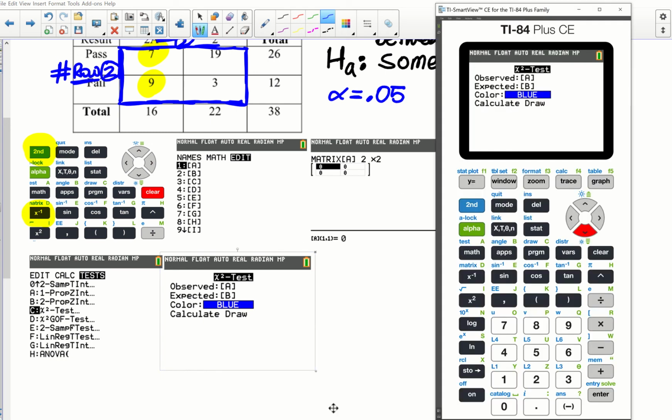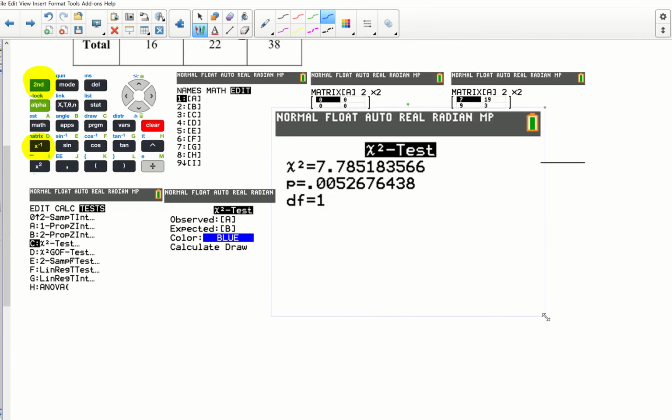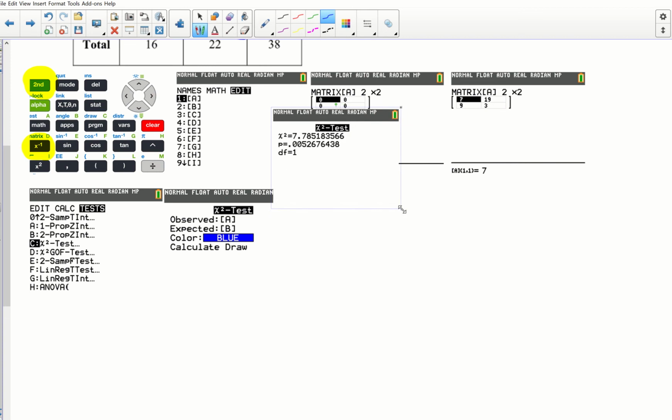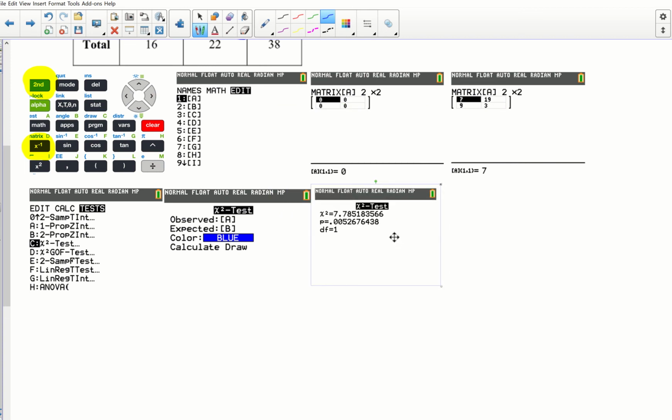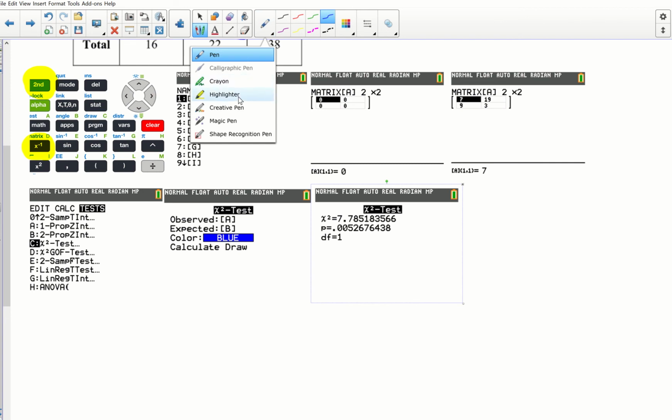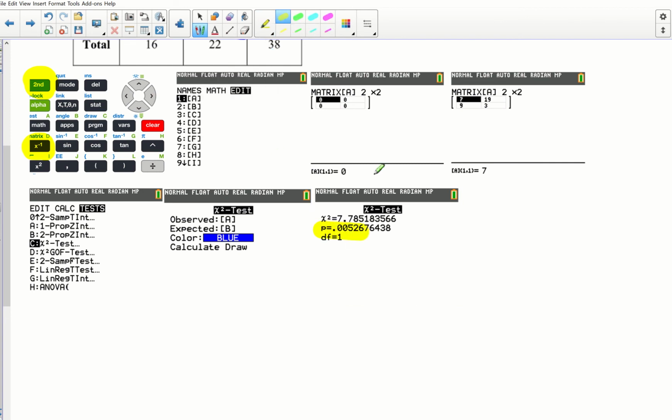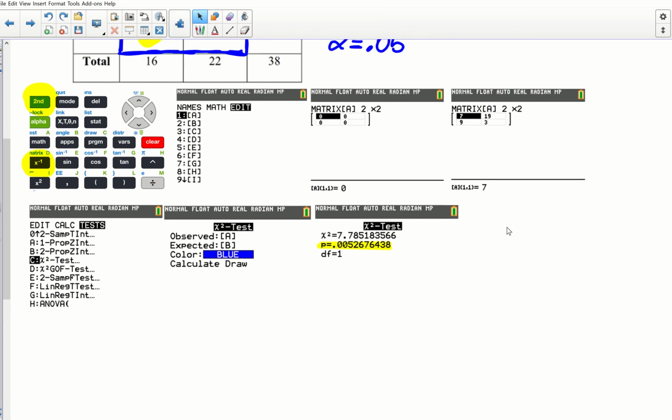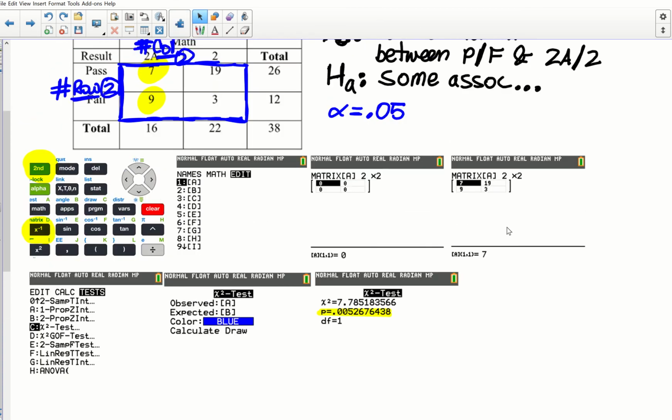All right. So I'm going to go to calculate here, hit enter, and I get this information. And again, like I said, you do a lot of work in the calculator. Next time you come up for air, you have a p-value. I keep going with the wrong one. Undo. All right.